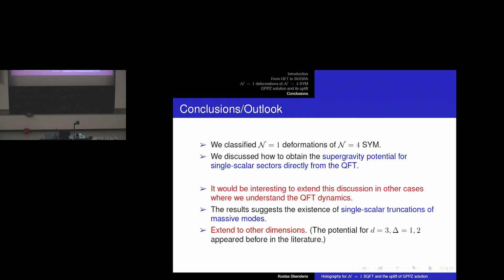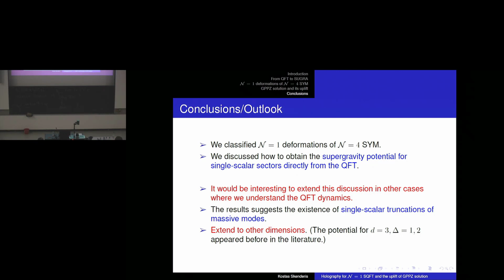So now let me quickly summarize. In the first part, I discussed the classification of N=1 deformations of N=4 Yang-Mills that can be studied holographically. We discussed how to obtain the supergravity potentials for single scalar sectors directly from the quantum field theory. Clearly, I just did the most simple case.